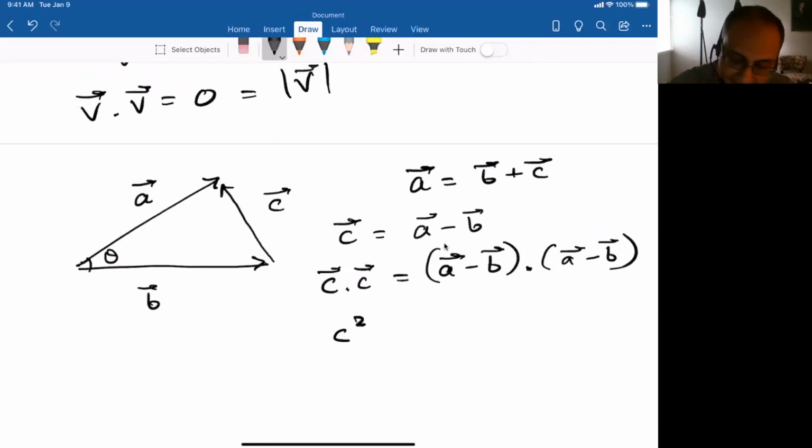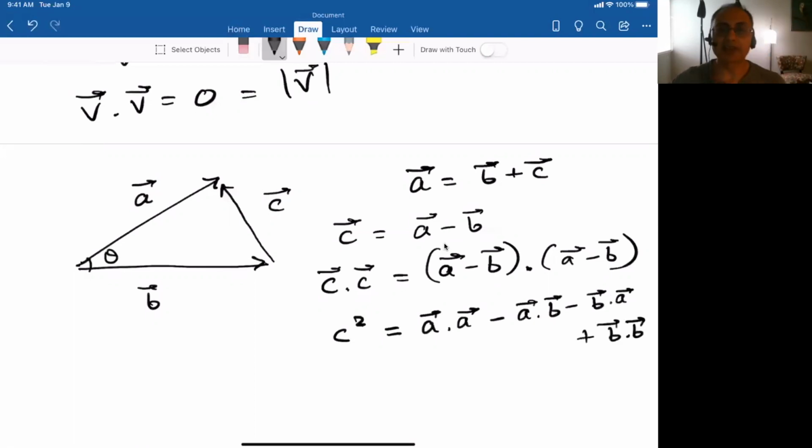Okay, let's simplify the right side, and let's just FOIL it. So I get A dot A minus A dot B minus B dot A, and then plus B dot B. That's what we get on the right-hand side, just by foiling it.